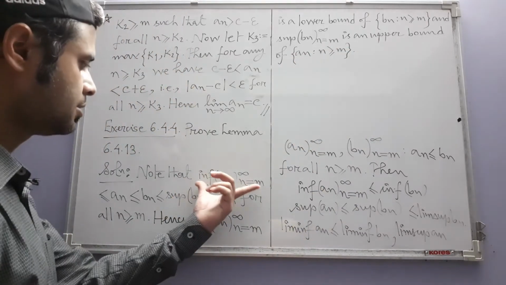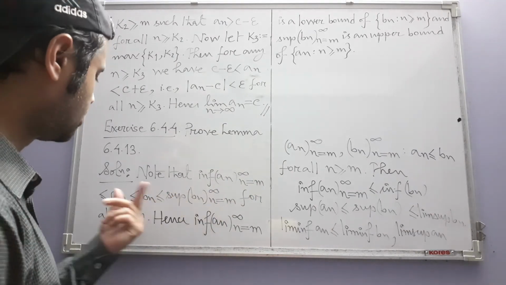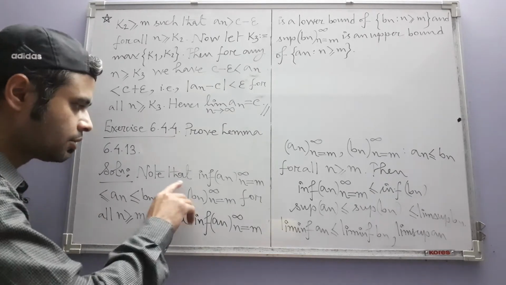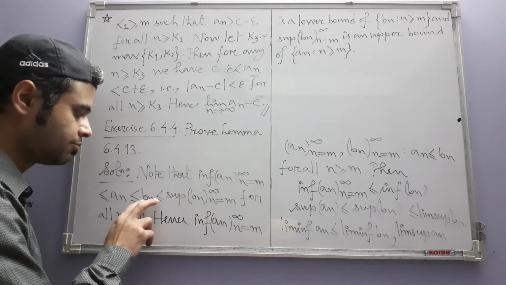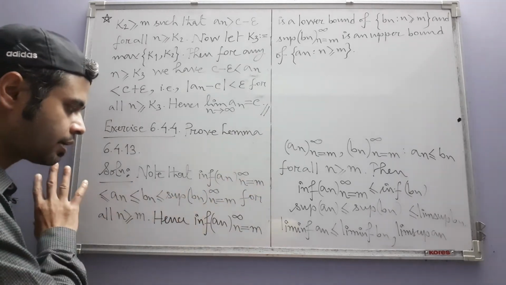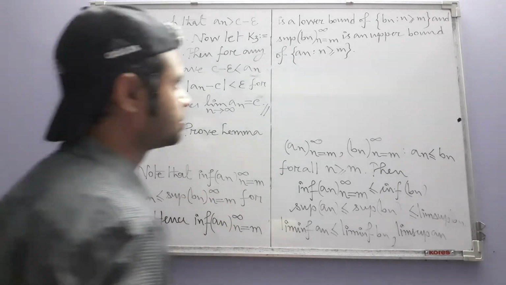In other words, this is a lower bound of the sequence Bn, and this is an upper bound of the sequence An. So the greatest lower bound of Bn will be greater than or equal to this, and the least upper bound of An will be less than or equal to this.